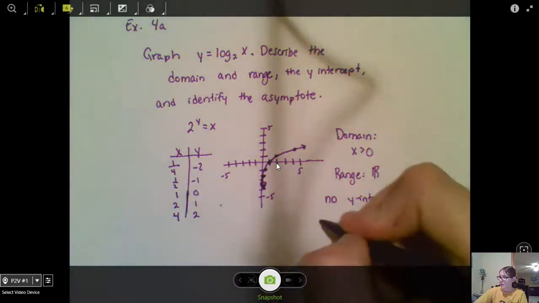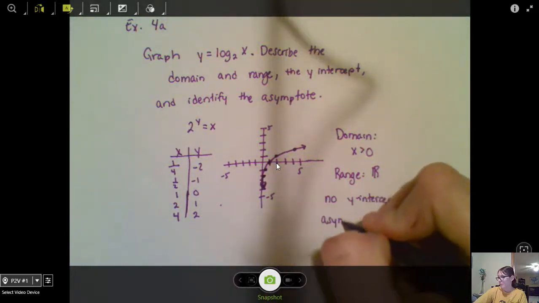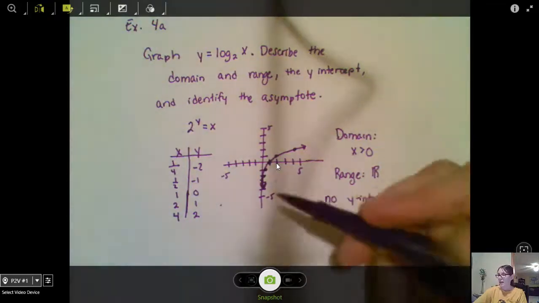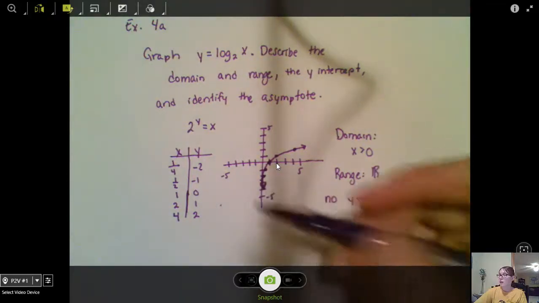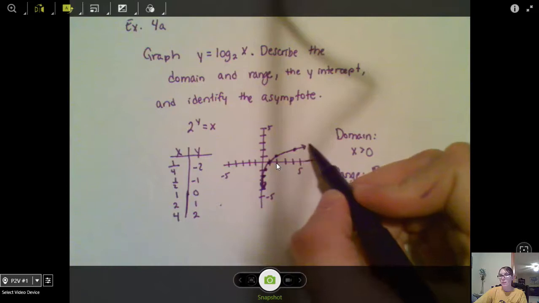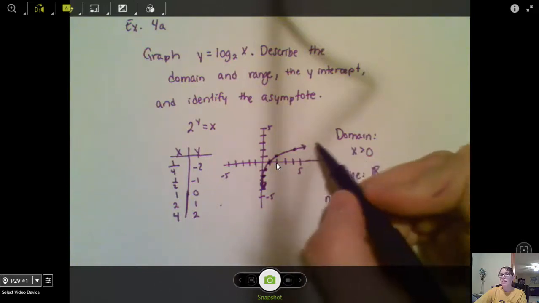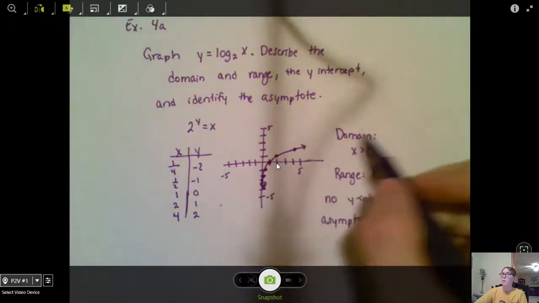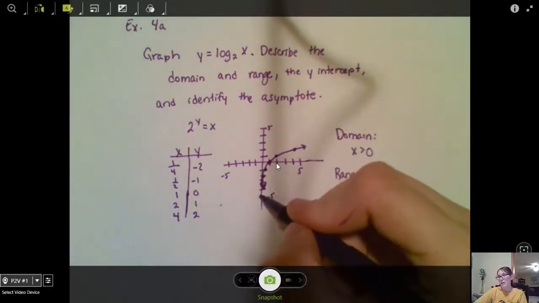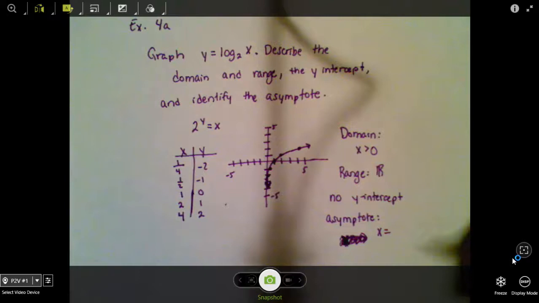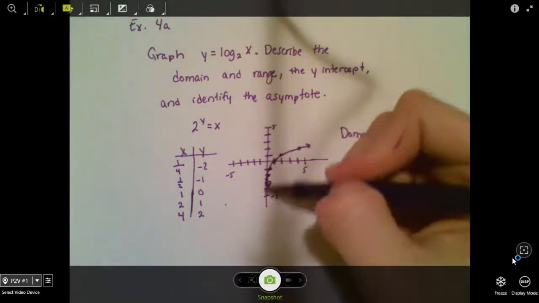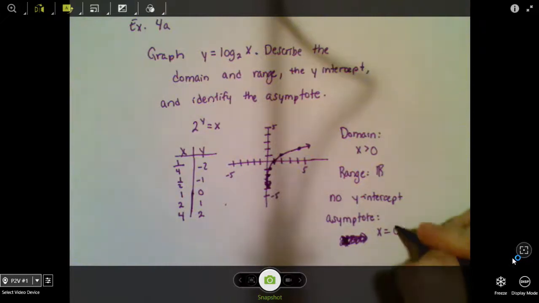And then the asymptote. That's our line that our graph is approaching, but not actually going to touch. Well, on the top here, my y values are going to keep getting bigger and bigger. My x values will keep going to the right. On this side is where we can write equations of vertical lines in the form x equals some number.